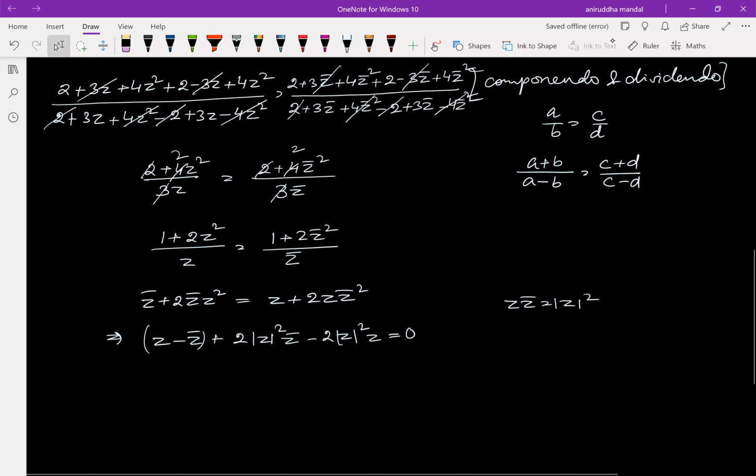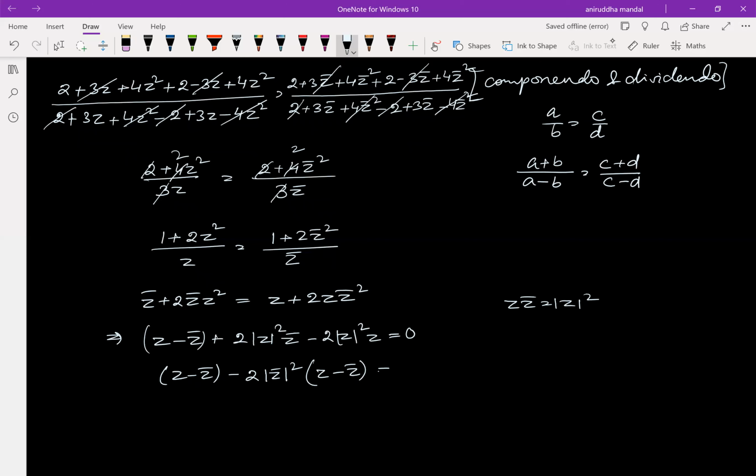Now take common z minus z bar, and this is minus 2 z square, and here it is z minus z bar equal to 0.